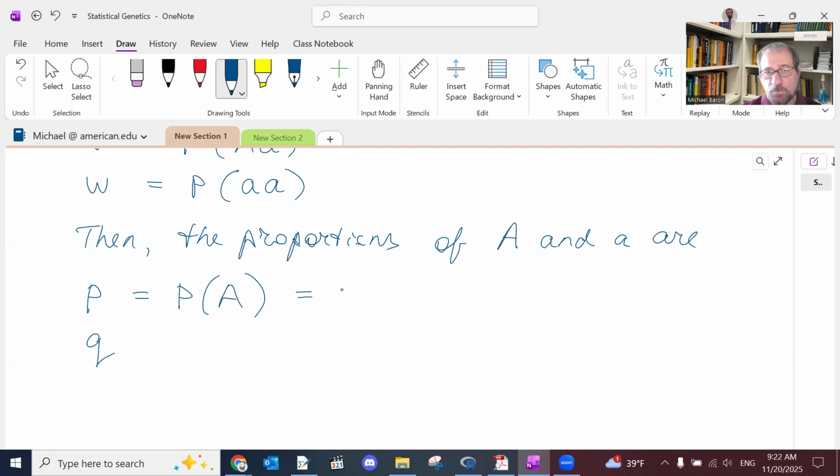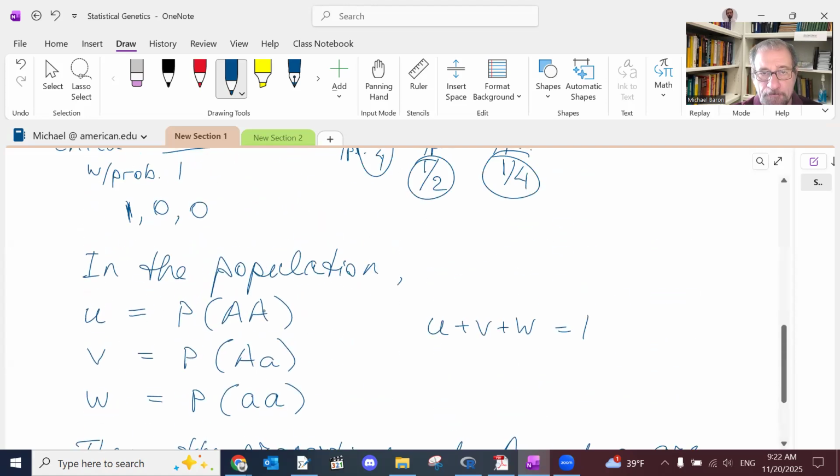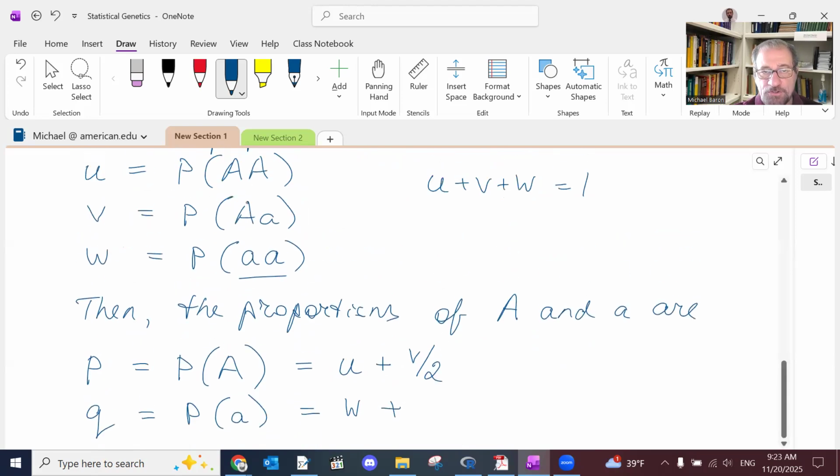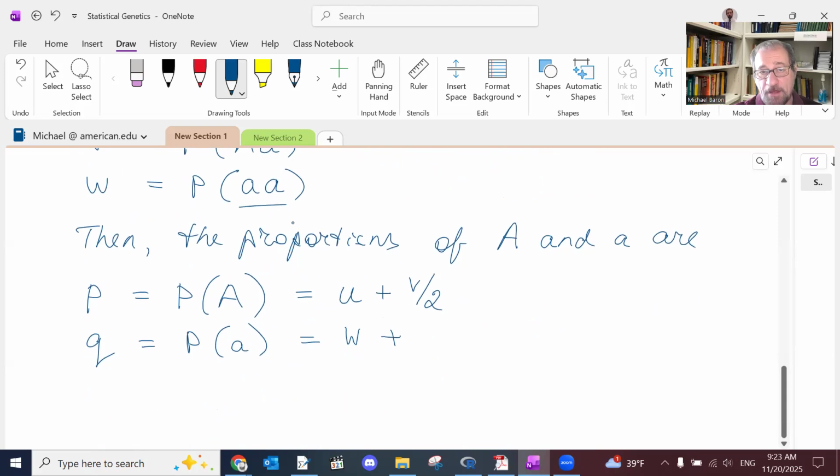Well, all creatures with both genes being dominant, so that is U, and half of the genes in the heterozygote population. Similarly, what's the proportion of recessive genes in the population? Well, everybody with both genes being recessive is here, W, and the other half of the genes from heterozygotes, so half of V.